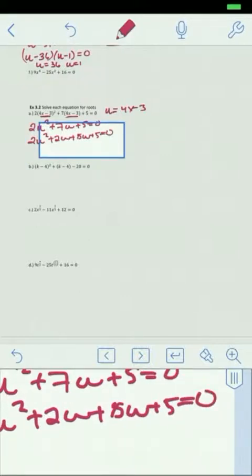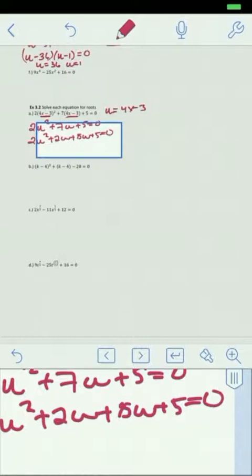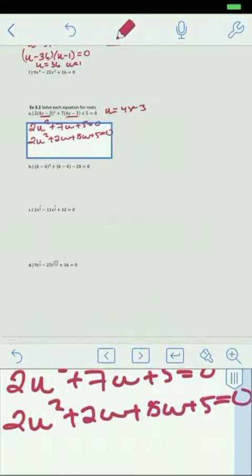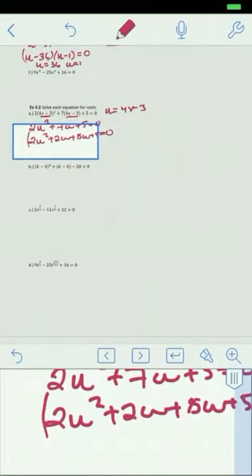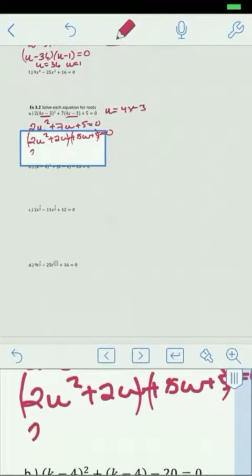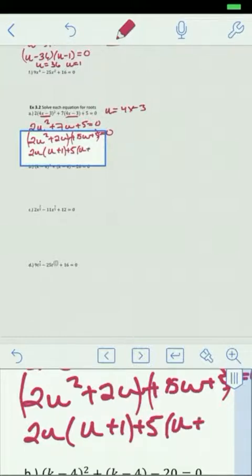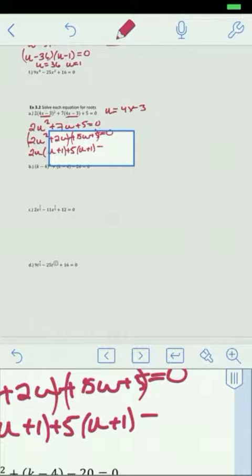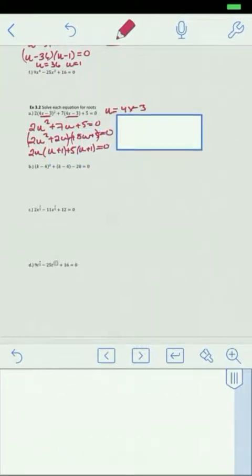Because a is not equal to 1, I cannot use that little trick, right? I have to actually do the grouping. Group and group. I get 2u times u plus 1, plus 5 times u plus 1 is equal to 0.